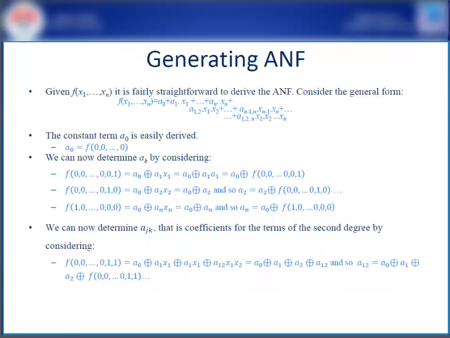So, if the truth table of a Boolean function is known, it is fairly straightforward to derive the algebraic normal form of the Boolean function. As we defined earlier, the general form of the algebraic normal form is given by this formula. The constant term a0 is easily derived, since it corresponds to the case where all bits are zeros.